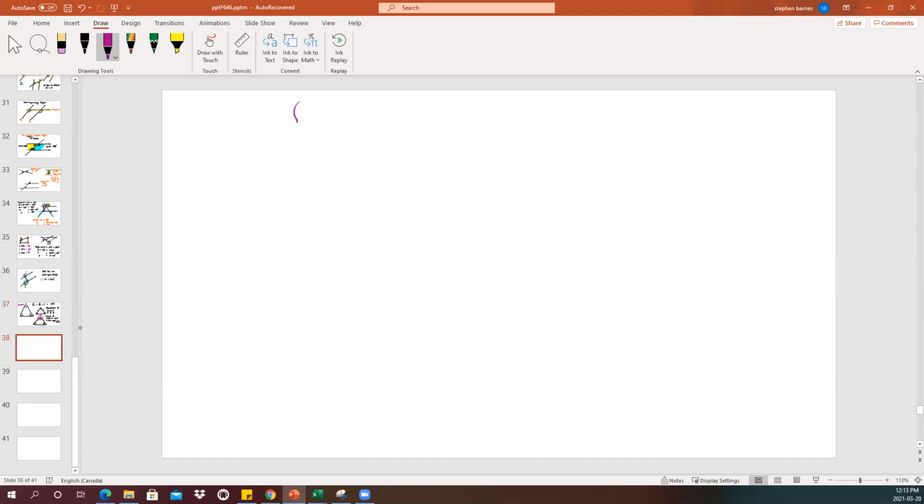So let's look at quadrilaterals now. Quadrilaterals. Quad means what? 4. Right, great. So quadrilaterals are any polygons that have 4 sides.